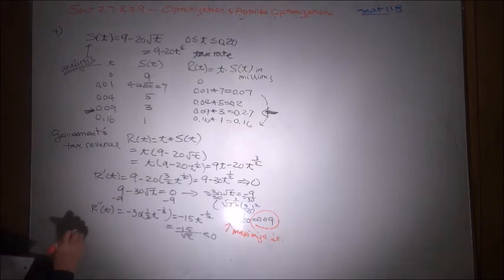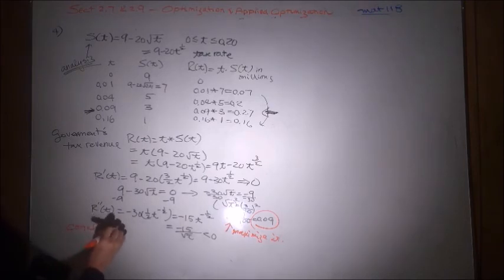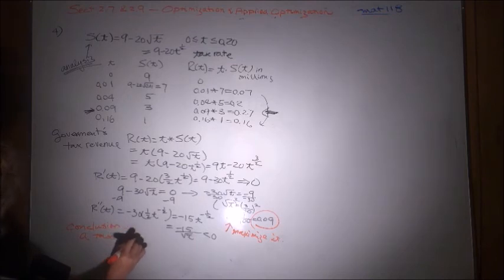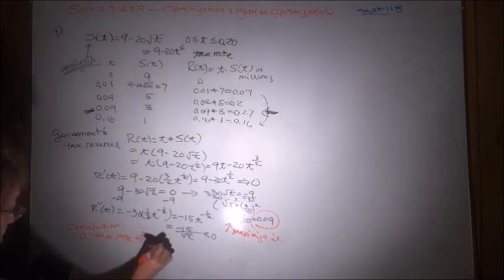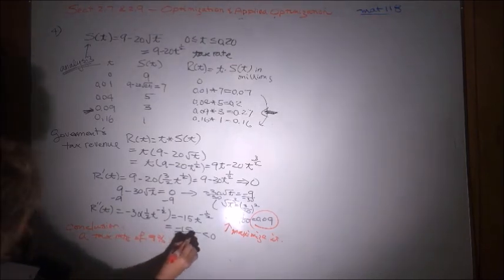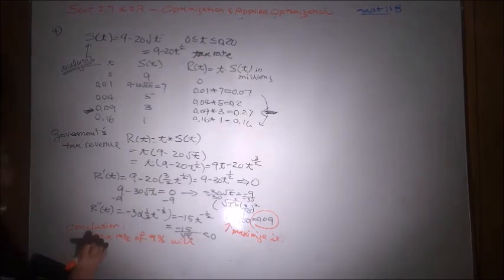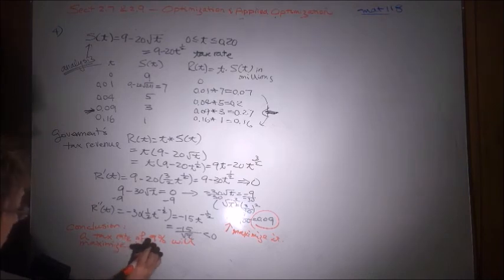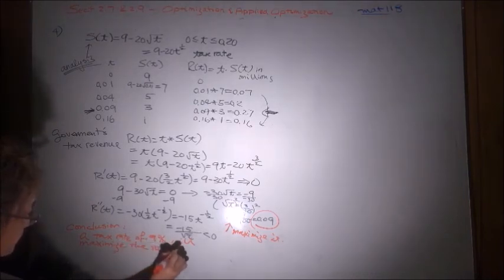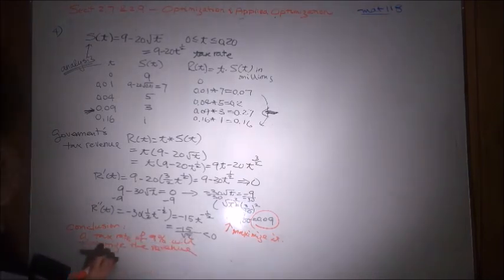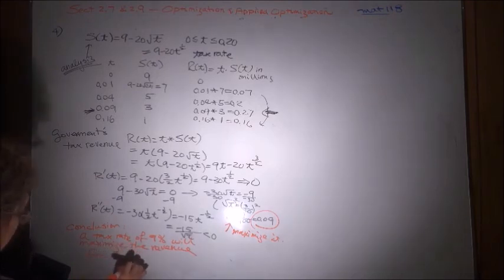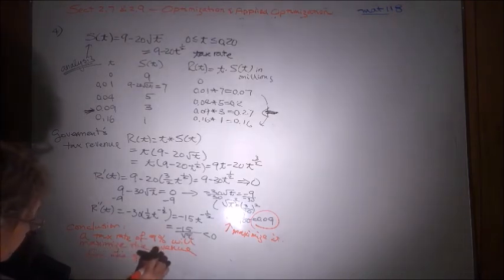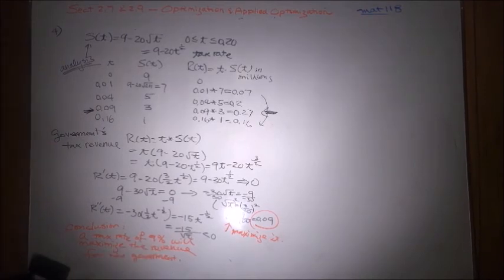So let's write out the conclusion: a tax rate of 9% will maximize the revenue for the government, right?